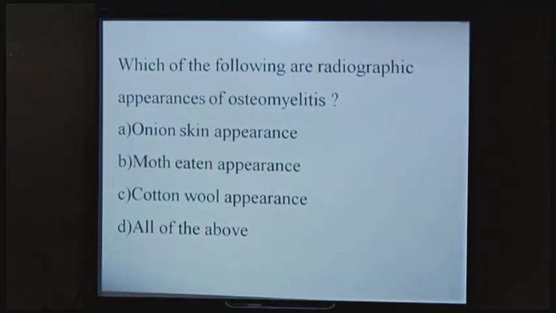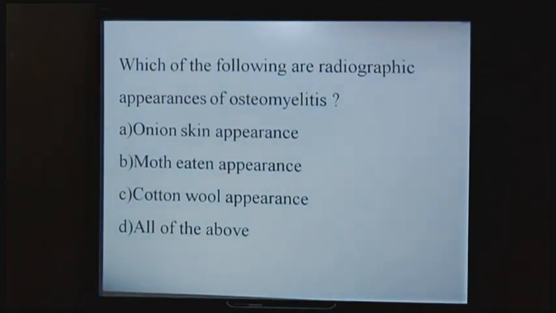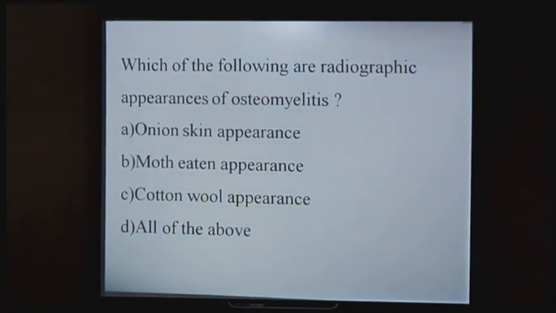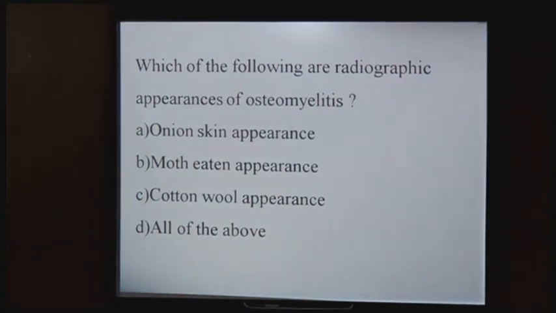Okay. Which of the following are radiographic appearances of osteomyelitis? All of the above? Where does onion skin appearance occur in the bone? Garre's osteomyelitis? Yes. It occurs in regular osteomyelitis also, but it will occur as a peripheral osteal reaction.